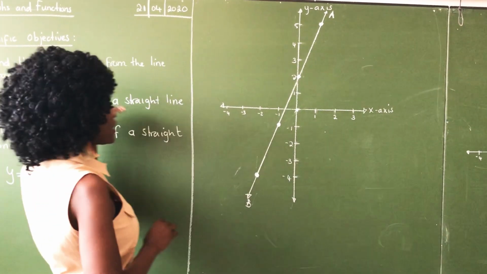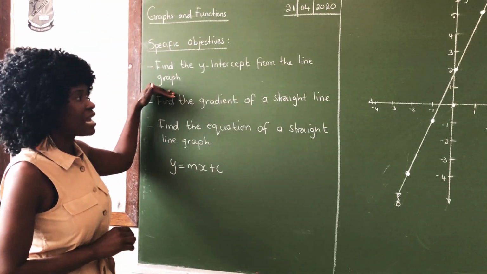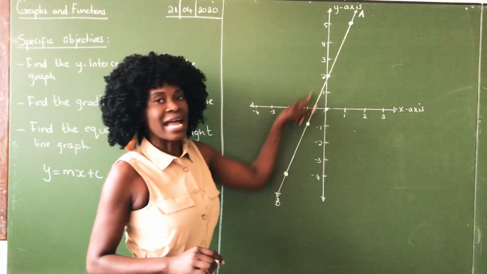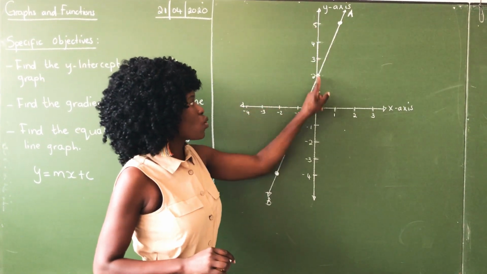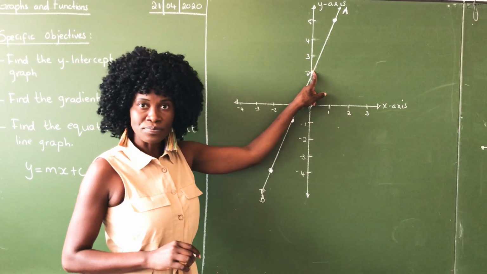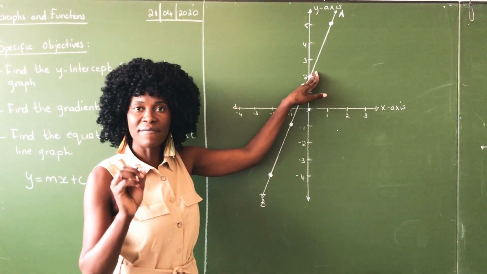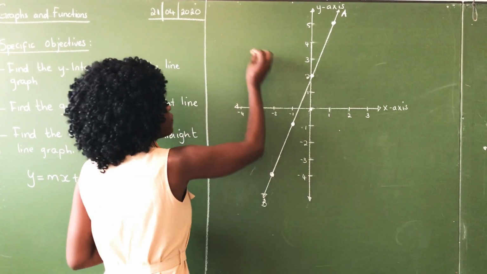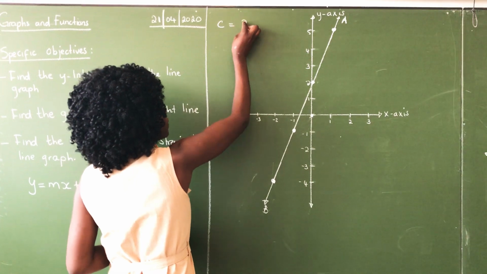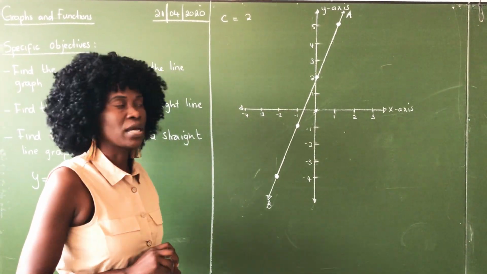So to answer the first specific objective, you only look at the line graph presented to you and check where that line graph and the y-axis meet. That one is very easy to find. So our value of c is positive 2, which is our y-intercept.